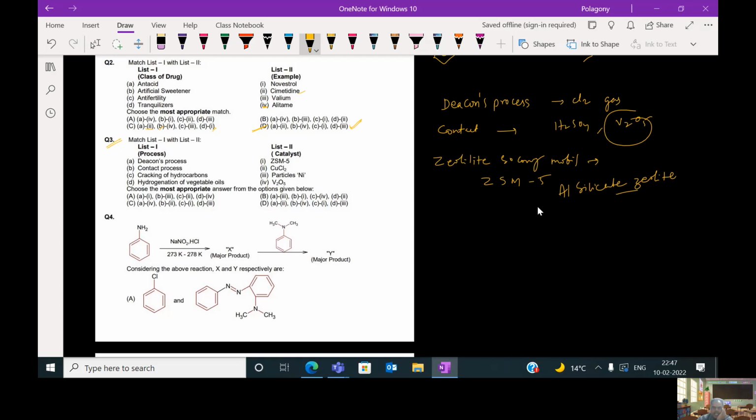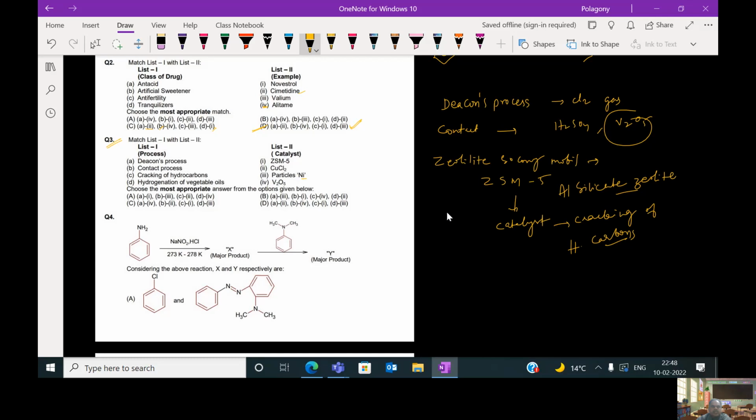Since it has pores and holes, it is the best catalyst for cracking of hydrocarbons. For cracking of hydrocarbons we use ZSM-5, the zeolite, and for hydrogenation of vegetable oil we use particles of nickel.